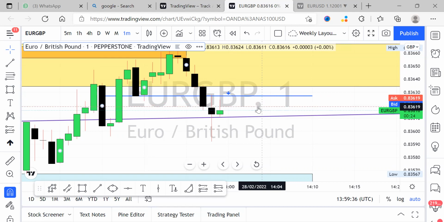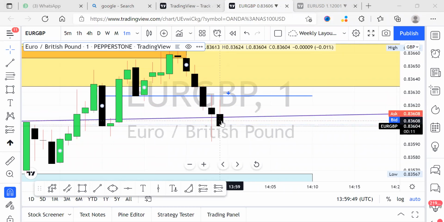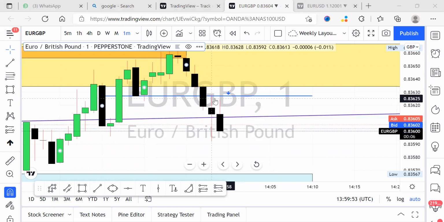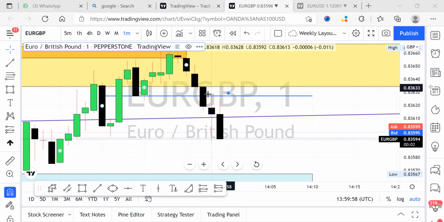The other way, if you want a better stop loss, you would have it just above here. The entry would have been as soon as this candle was formed, and the stop loss would be the blue line. If you want a better stop loss, you can have it there.